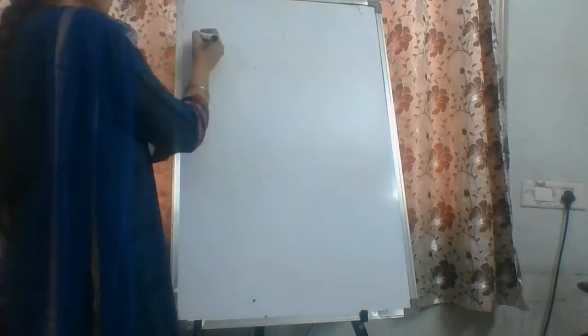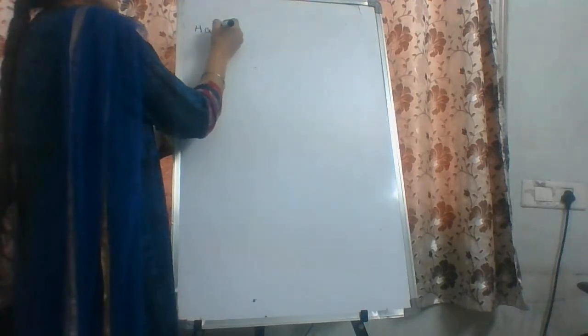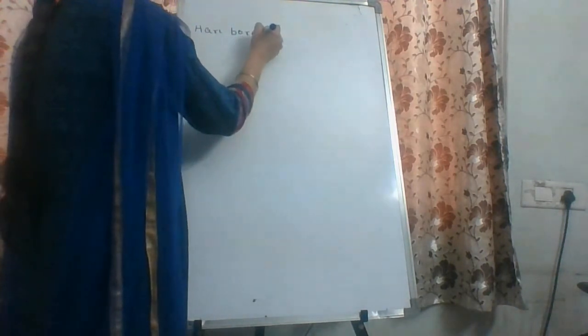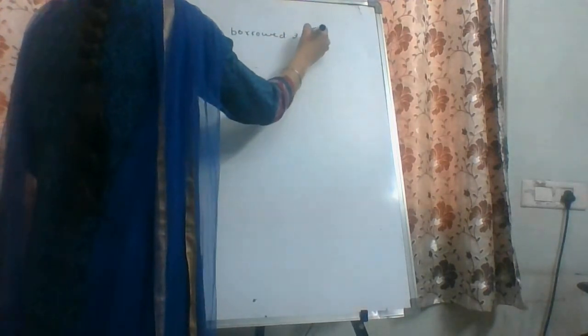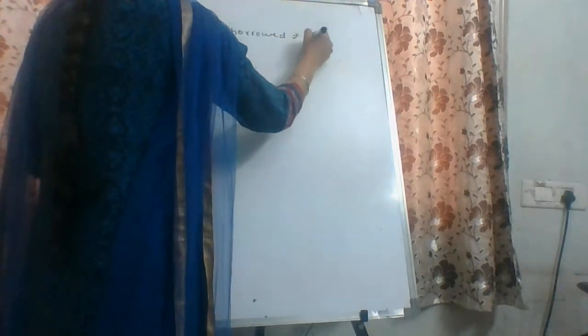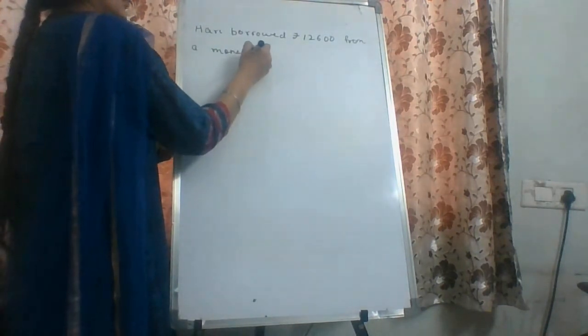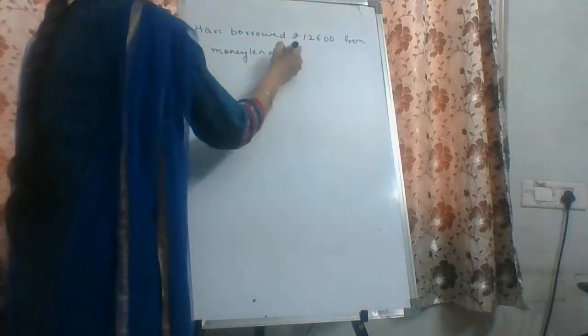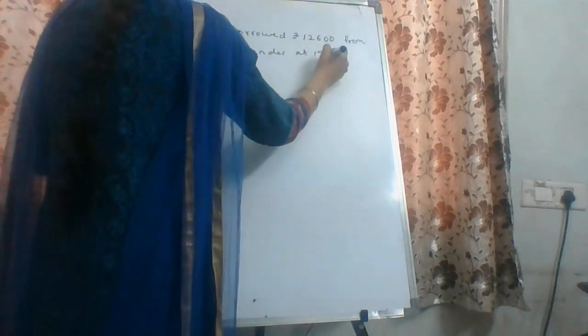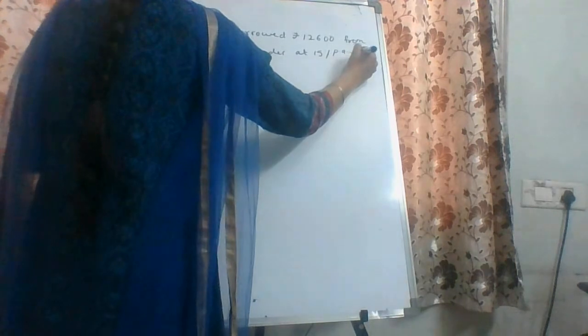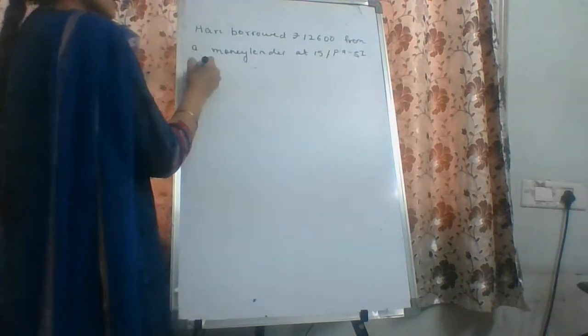Let us do a few more questions related to this. Hari borrowed rupees 12,600 from a money lender at 15% per annum simple interest for 3 years.